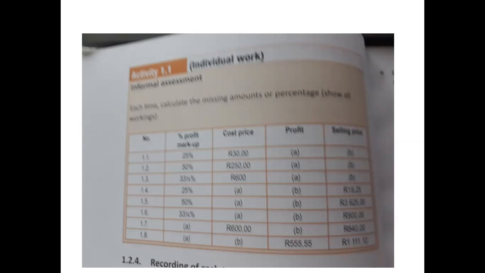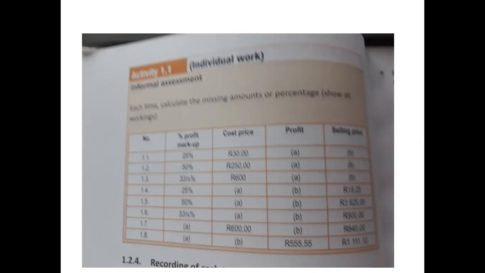So we're going to do similar to 1.5. We stick to the selling price of 3,625, but we change the profit percentage to 75%. So what are you going to calculate then? The cost price. To calculate the cost price, you take the selling price of 3,625. Remember, you want to calculate the cost price, the smaller one.